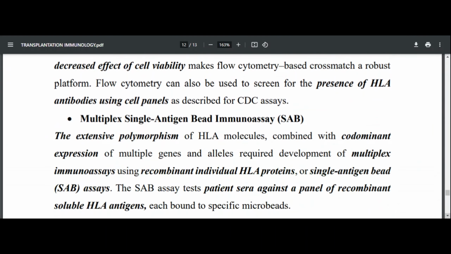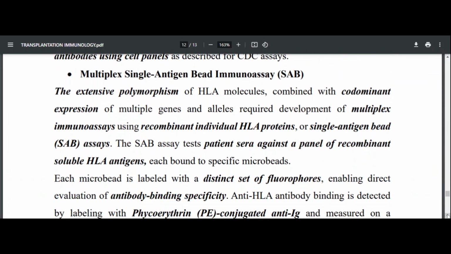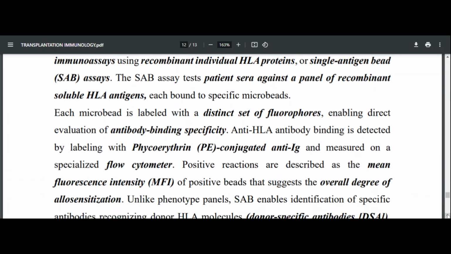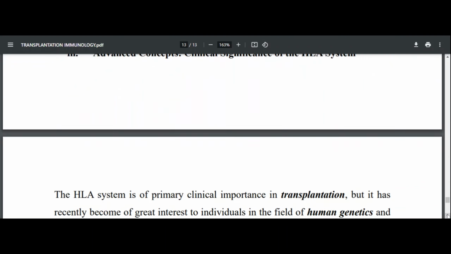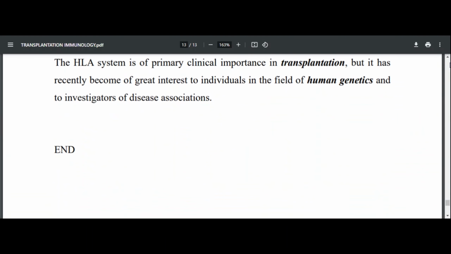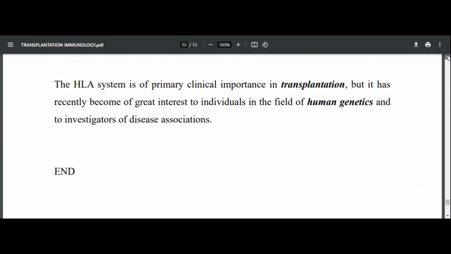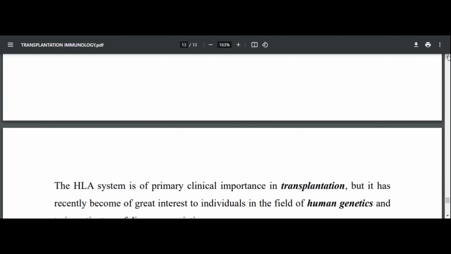And even multiple single antigen bead immunoassays, because we use just a microwell where we can put so many antigens in order to detect them using antibodies, using serum, right? So all of them are discussed, and even advanced techniques, including paternity testing and DNA technology. So this is about transplantation immunology.